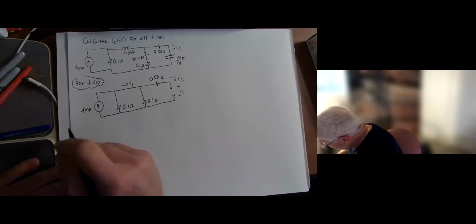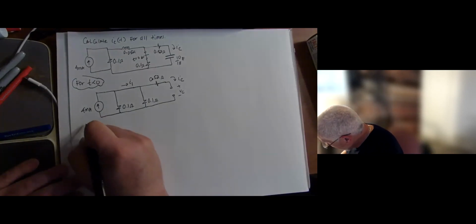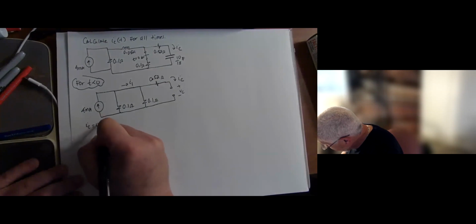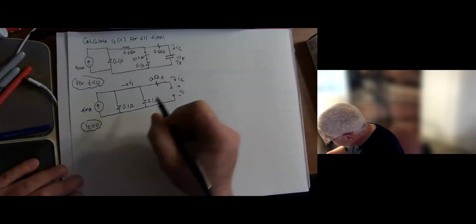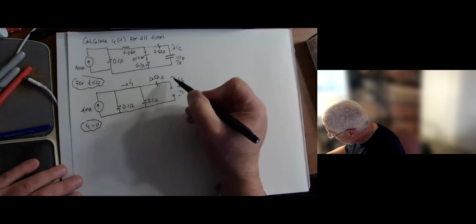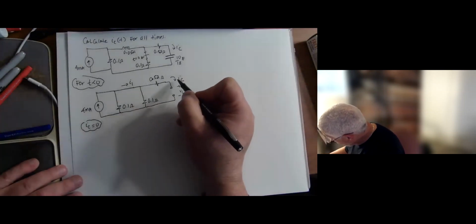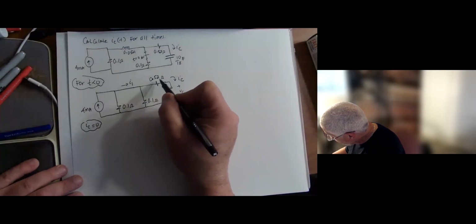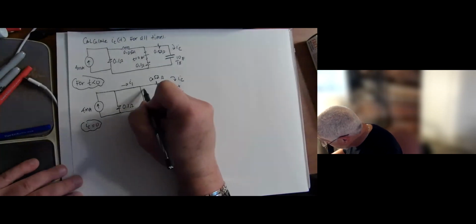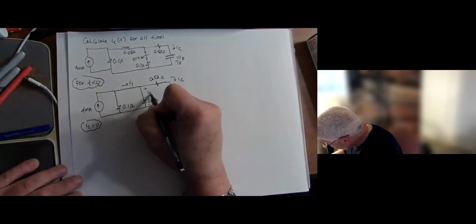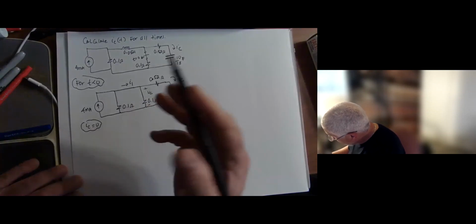It doesn't take a whole lot of thinking to appreciate that IC is 0 here, because the capacitor is an open, so there is no place for the current to go. And if the current is 0, there is no voltage drop across the 0.5 ohms. Okay, so that's the first thing.